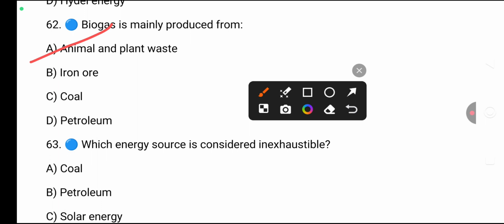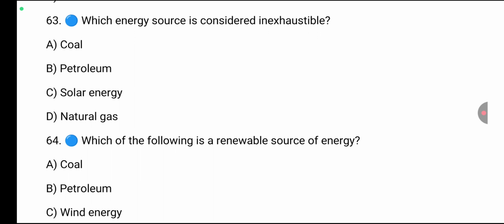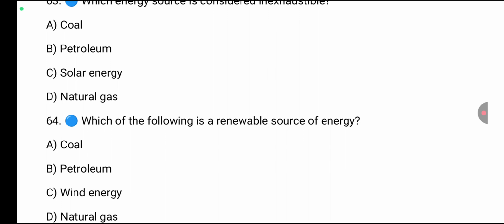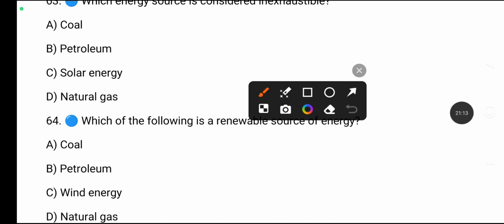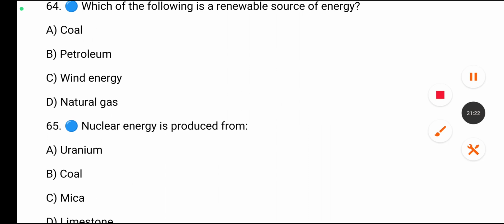Now moving on to question number 63. Which energy source is considered inexhaustible? Coal, petroleum, solar energy, natural gas. That is solar energy. Answer will be C. Now moving on to question number 64. Which of the following is a renewable source of energy?